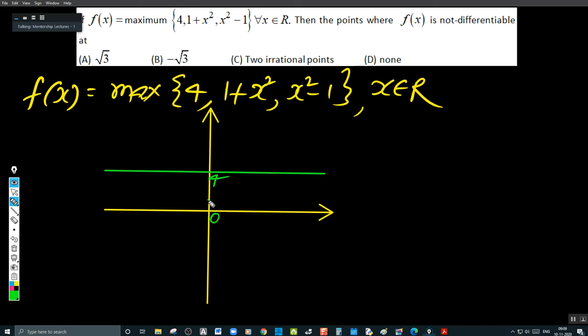And you can understand y is equal to 1 plus x square takes the parabolic shape. So it's an upward parabola.